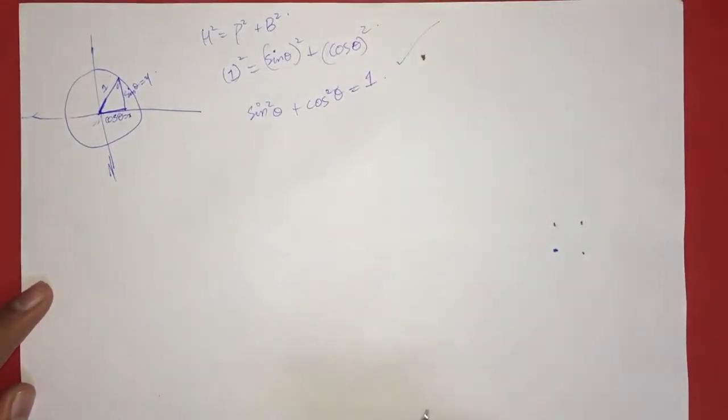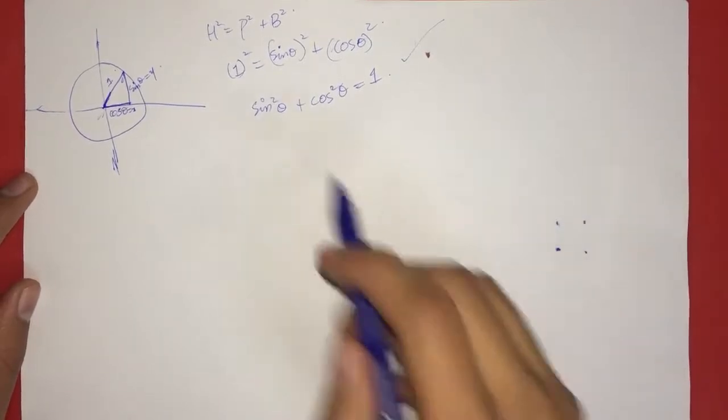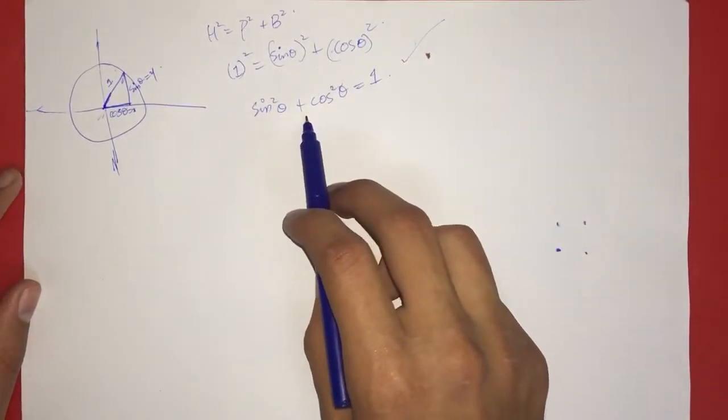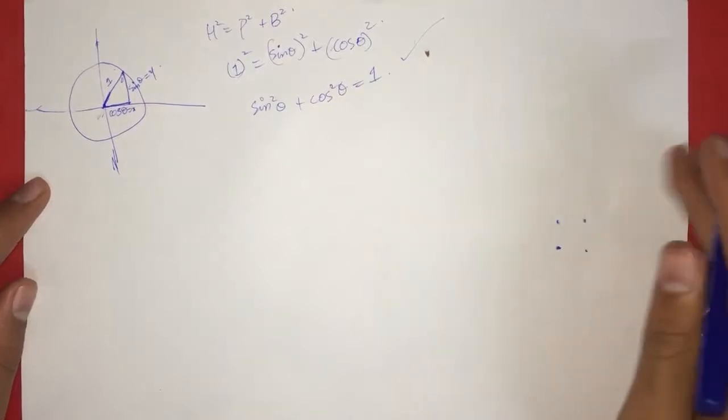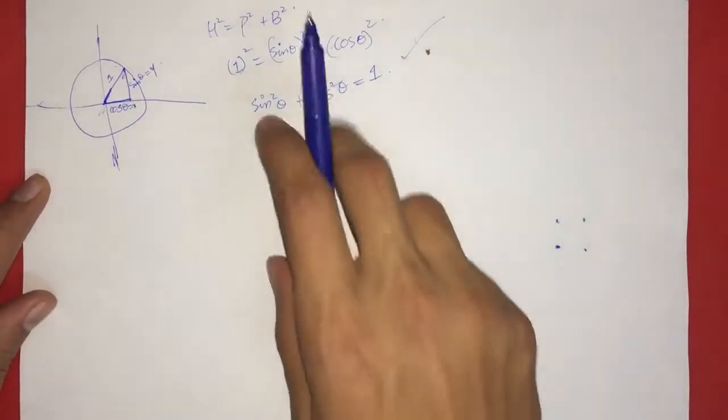This is an identity. Now let's find some more identities through this one.